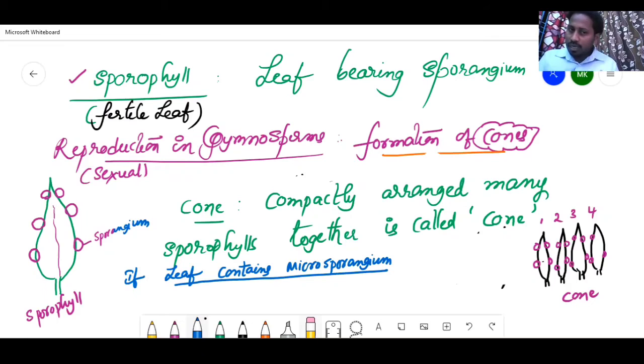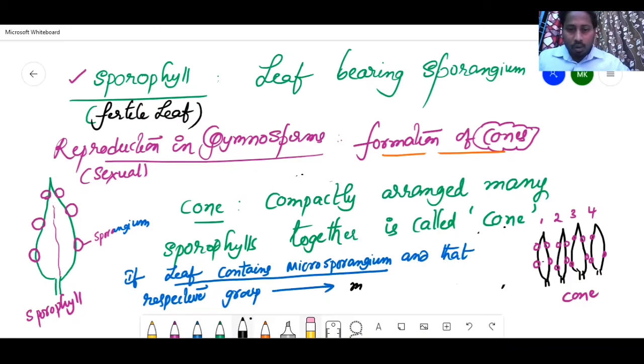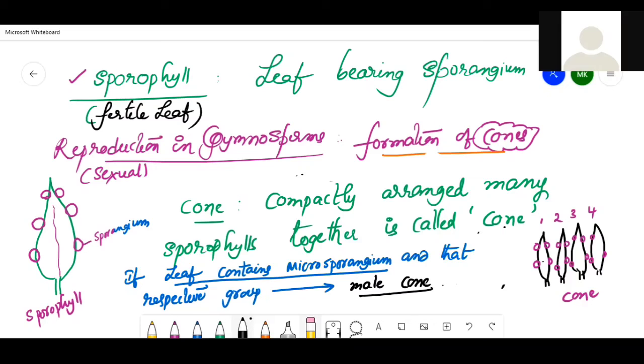So if the leaf contains microsporangium, that group is called male cone. Hope you understood this. Yes, sir. Am I right? Yes.